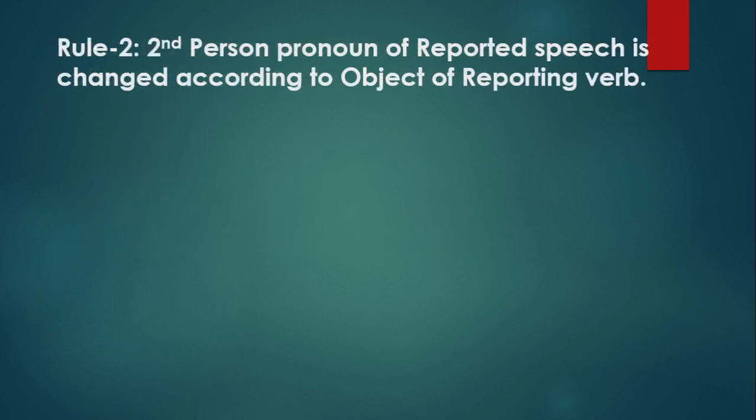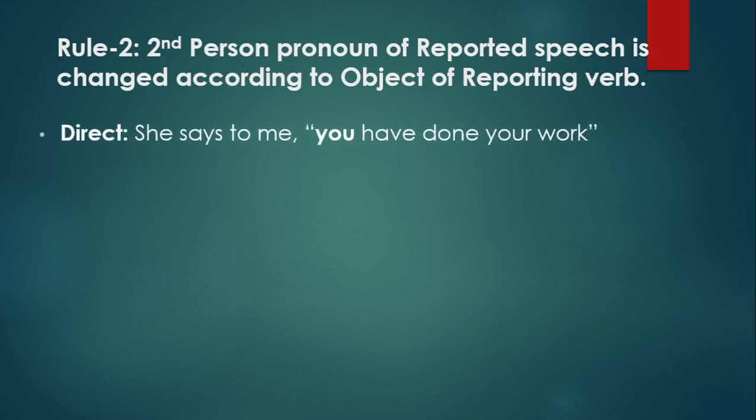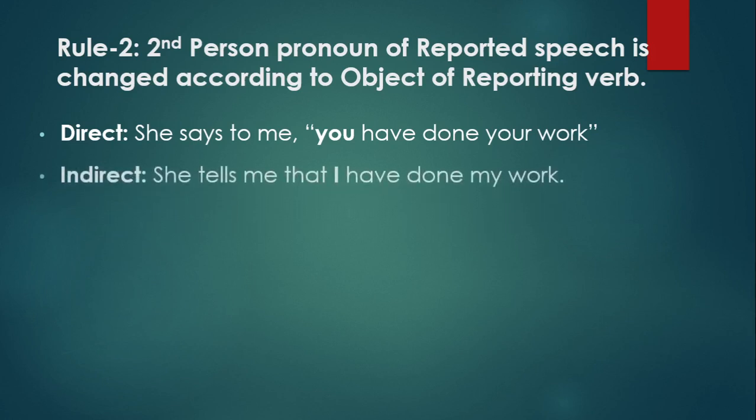Okay, so rule 2. Second person pronoun of reported speech is changed according to the object of reporting verb. You see, she says to me, you have done your work. How to change?